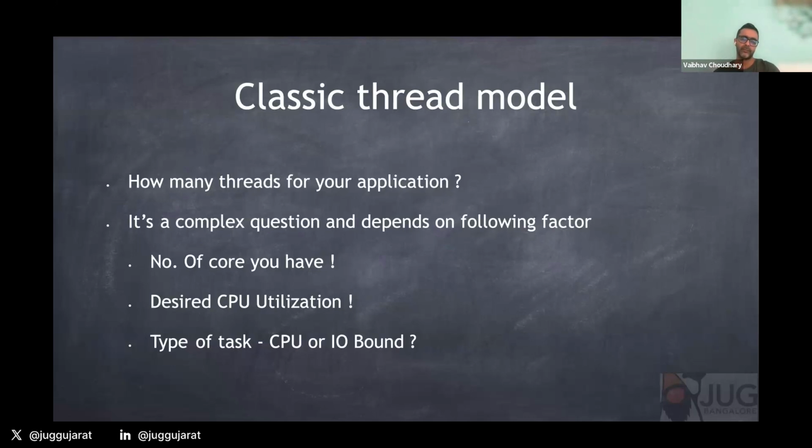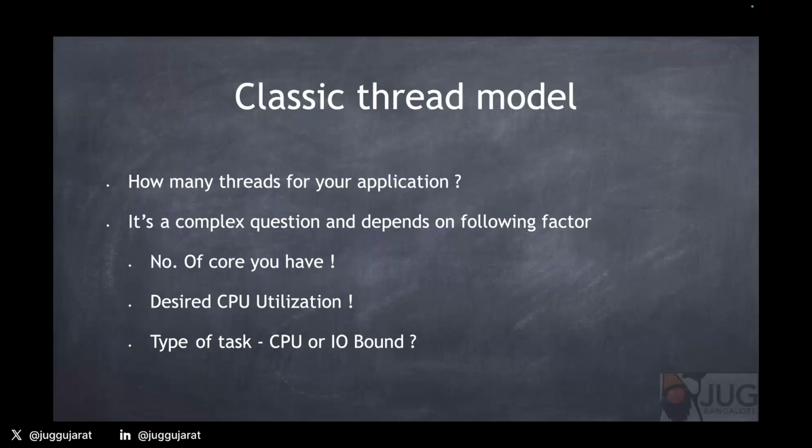How should I check that? Yeah, based on the task. If it's CPU work, then we need to create fewer threads. And if it is IO intensive, then I need to create more threads.